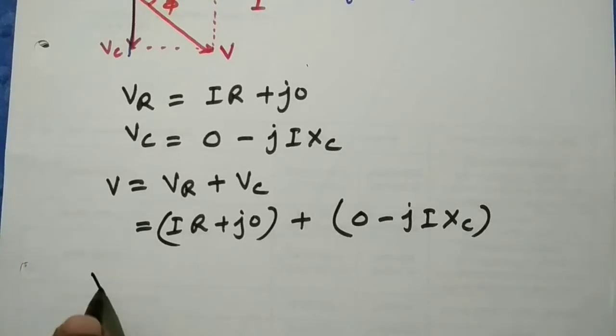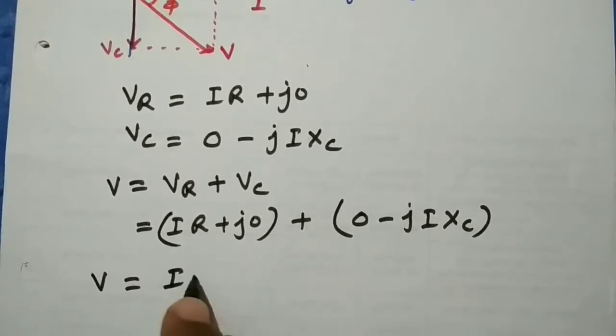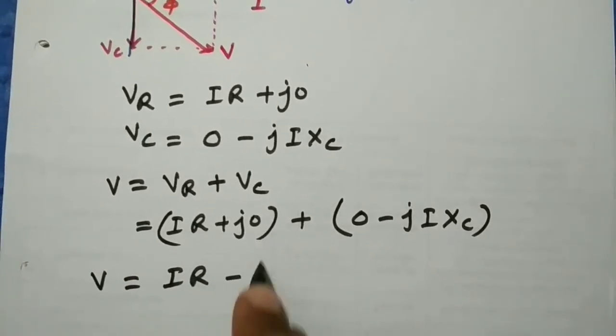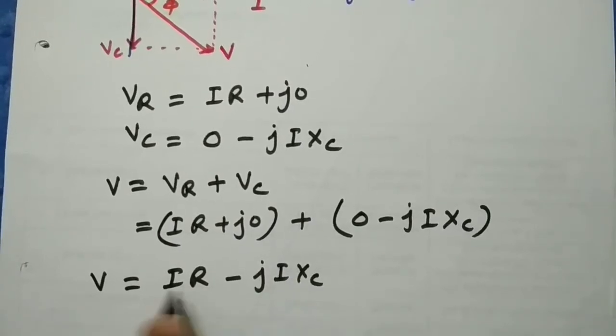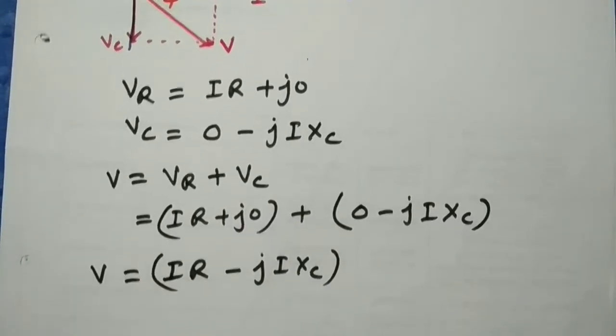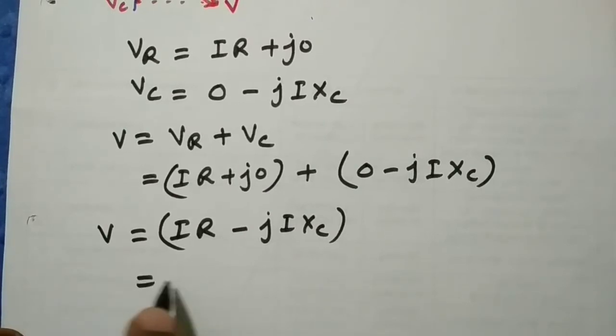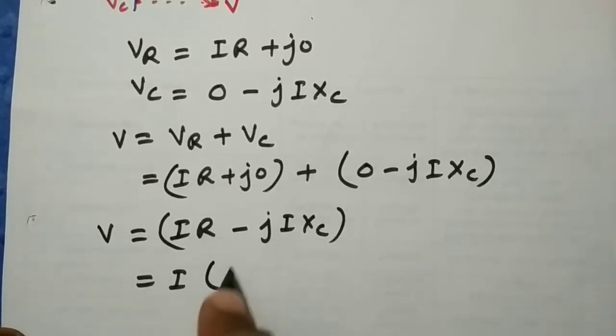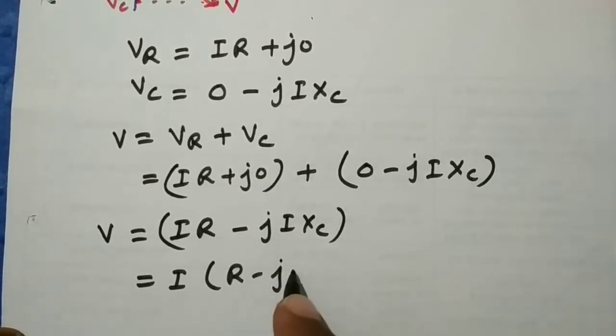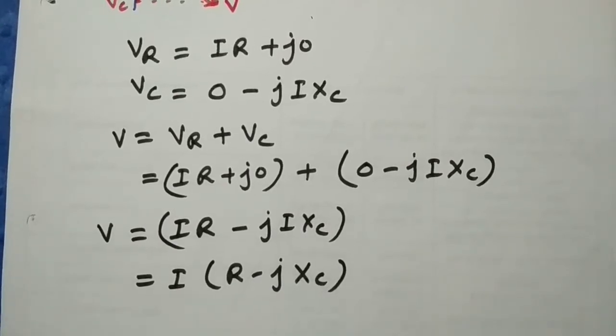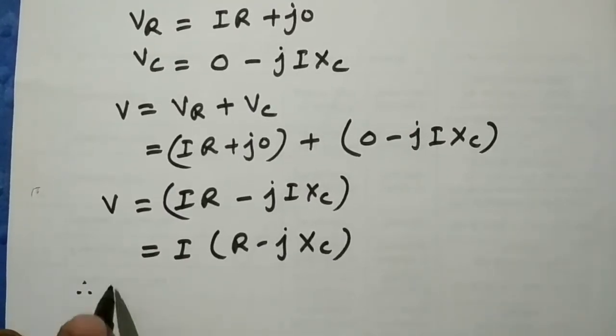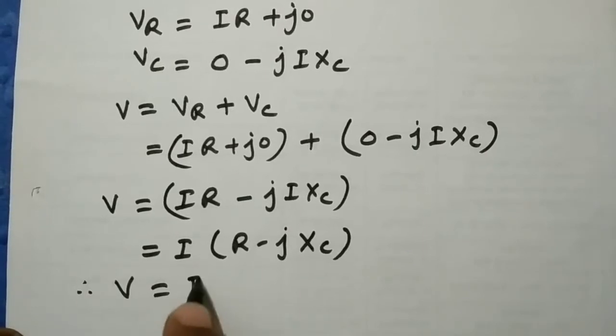So V can be written as IR minus J of IXC. Take current as common, so it will be R minus J of XC. And this is nothing but V is equal to I into Z.